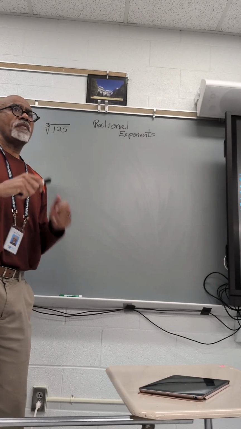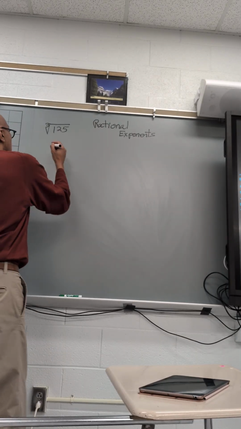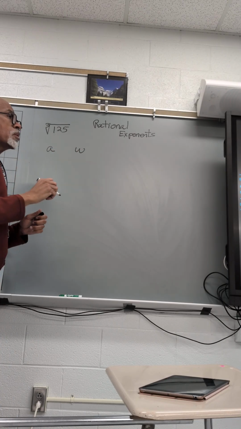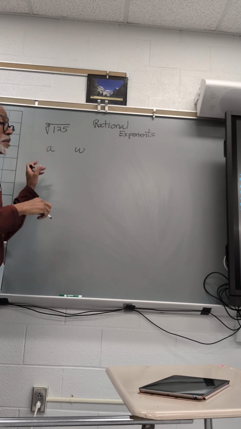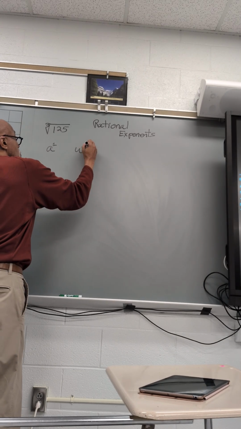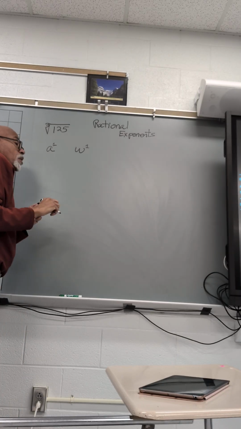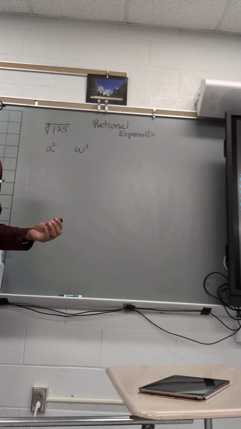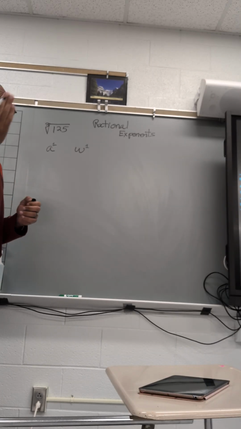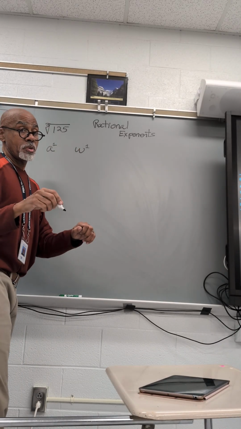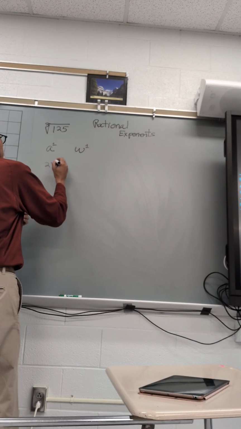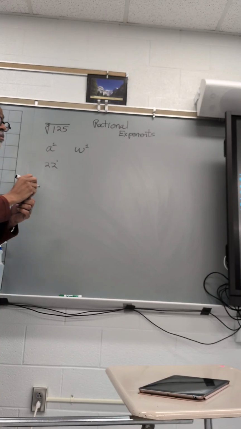So let me go back to variables. If you have a variable, just an A, or let's say a W, we always have to remember that the A has an exponent of 1, which is assumed. Then the W has an exponent of 1, that's assumed. We don't think about this much, but the same goes for numbers. 22 is 22 to the first power.